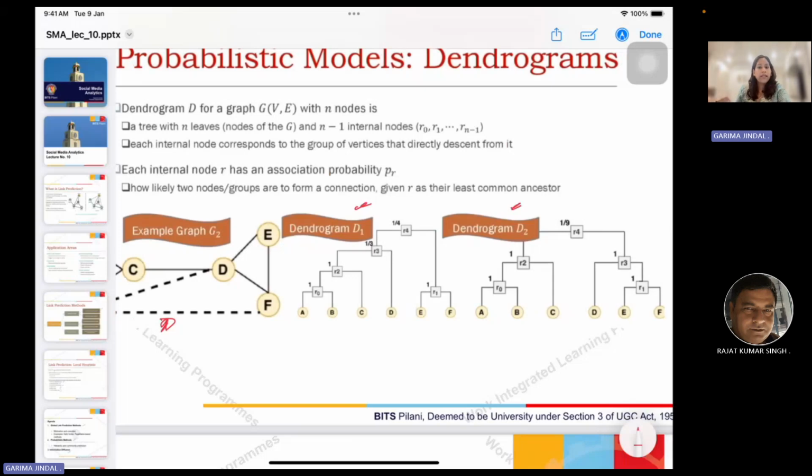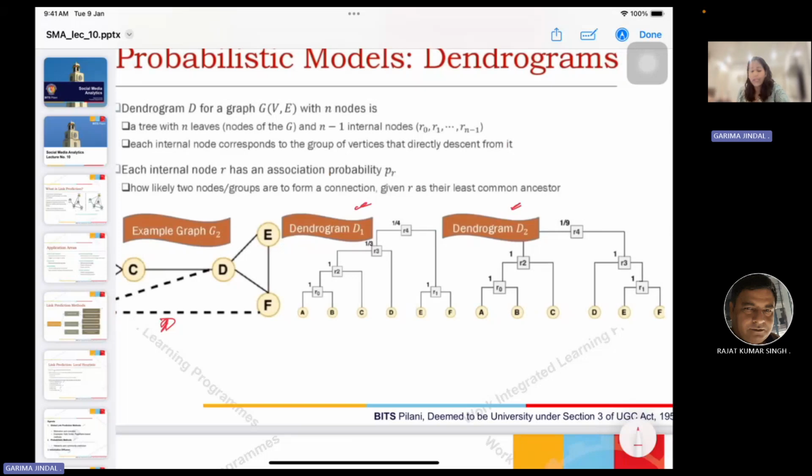In the next few slides, we are going to see that we have a quantitative measure called likelihood. Using that quantitative measure, you can identify which dendrogram is more correct and which dendrogram is less likely to happen.